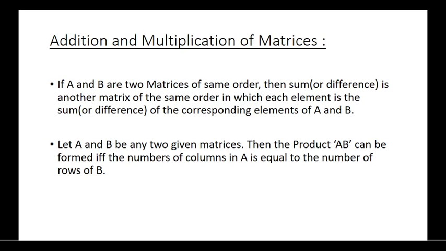Next, we can multiply any two matrices. Suppose A and B are any two given matrices, then the product AB can be formed. The main condition is that the number of columns in the first matrix is equal to the number of rows in the second matrix.